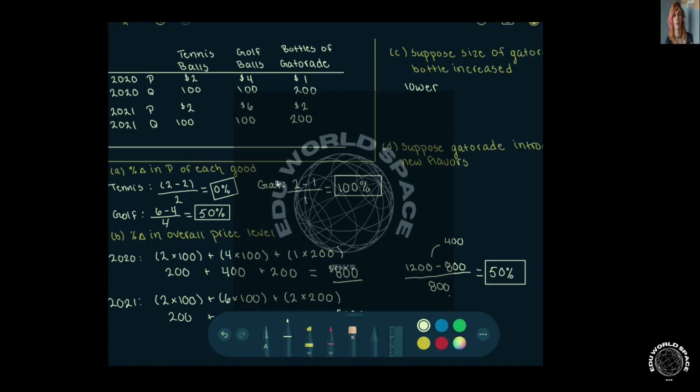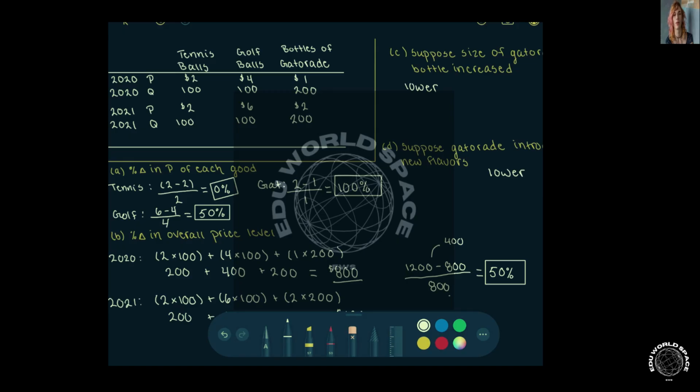Now, let's also take a look at part D, and suppose that Gatorade now introduced new flavors instead. So how should we change our estimation of the inflation rate here? Well, once again, we should lower our estimation of that because by introducing new flavors, we are enhancing the consumer's well-being.